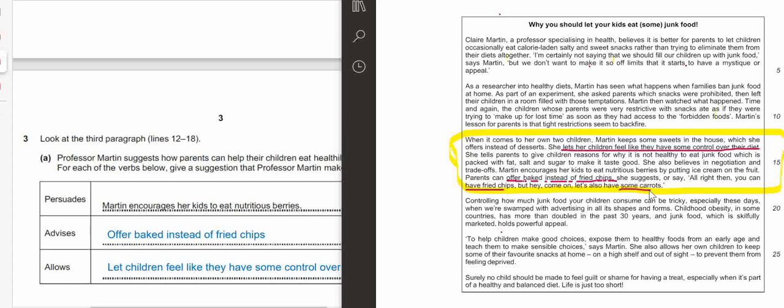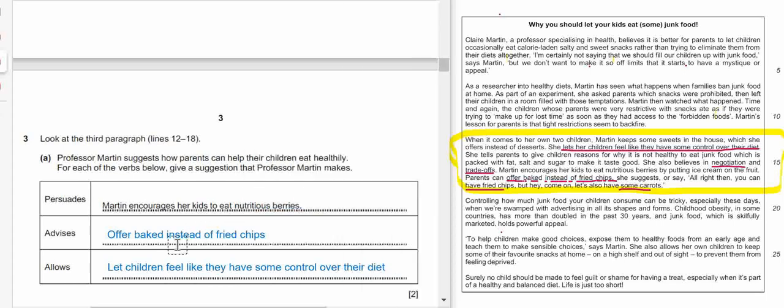So that's to allow. And also we can say negotiation. Yes, negotiation is to allow. And trade-offs. That also can be the correct answer for allows. Next, let's move on to the next number.